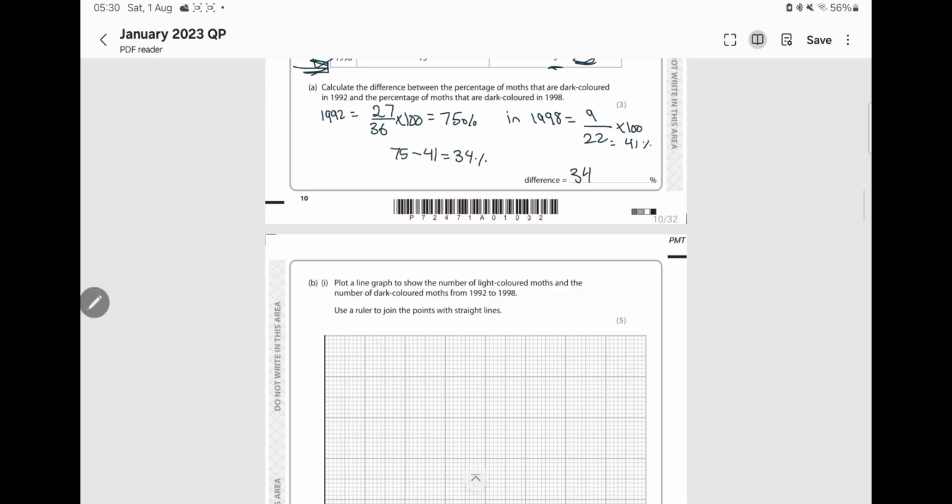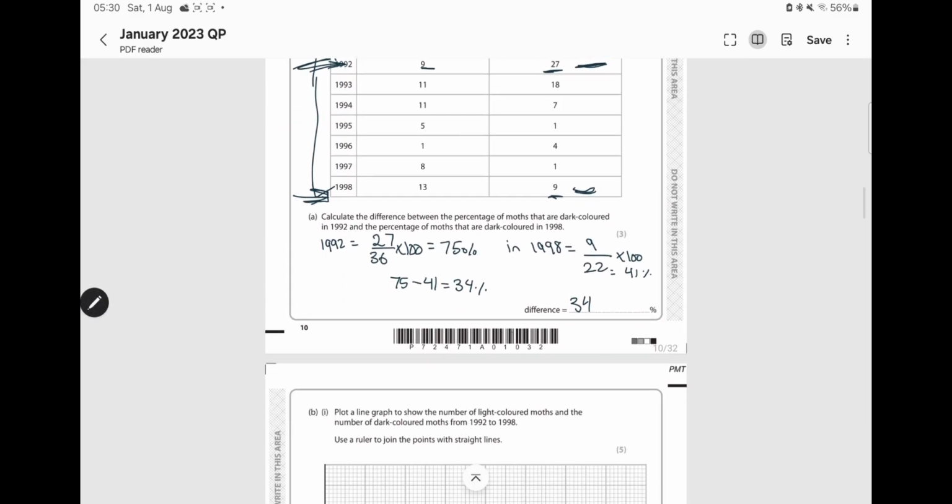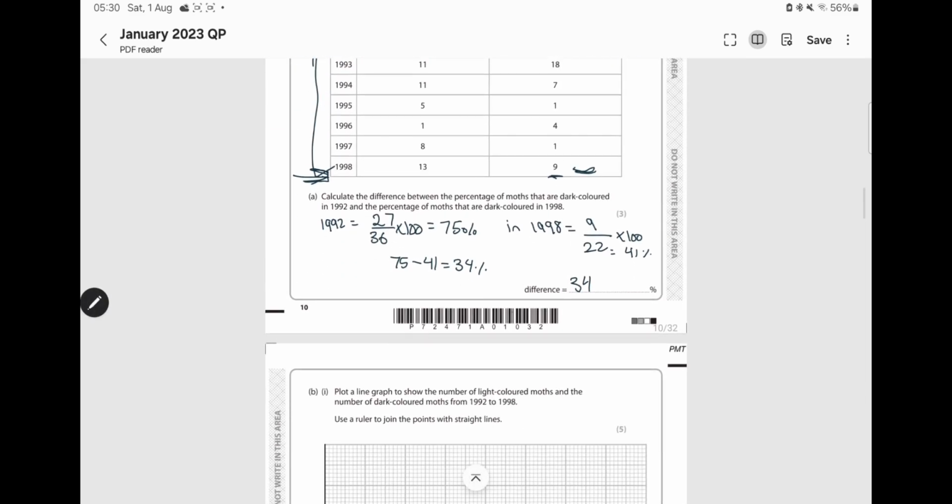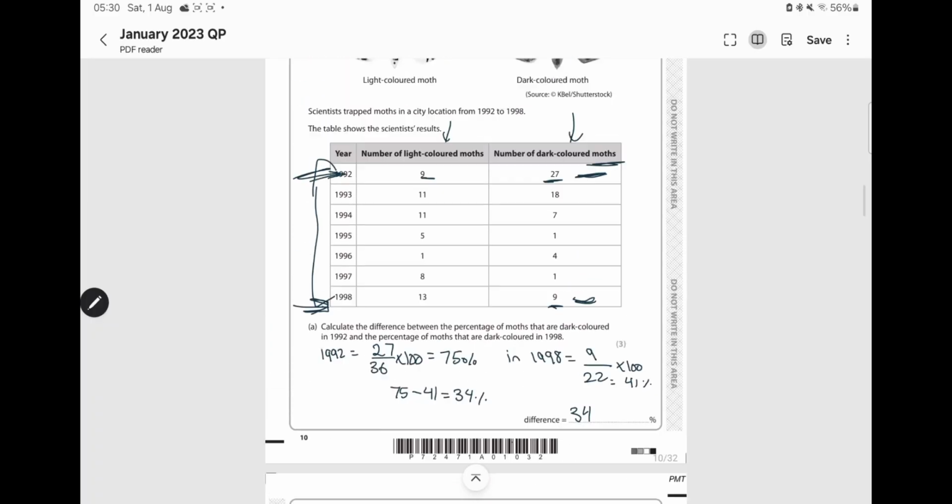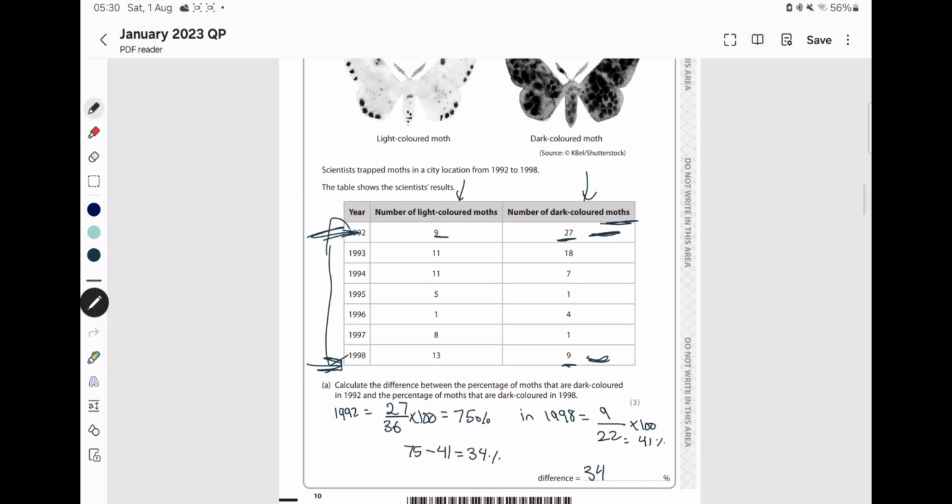A trick that I like to use for plotting graphs, and I think this is common knowledge by now, is that everything on the left side of the table is always going to be on the x-axis, and anything on the right side is always going to be on the y-axis.